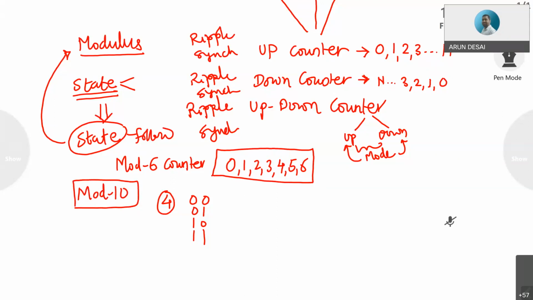It will count from 0 to 9. This is the modulus of a counter, right? So this is the introduction of counters and what all types are present over there.